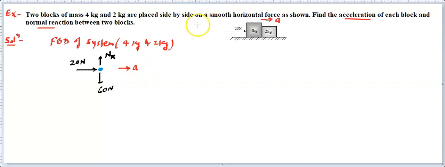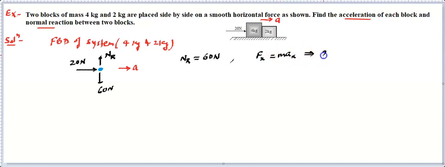Now quick equations. In the vertical direction it's not moving, so the normal reaction must be equal to 60 Newton. And what is the acceleration? Write the equation for the force in the x direction. The net force in the x direction is equal to the mass of the system times the acceleration of the system in the x direction. What is the total force?